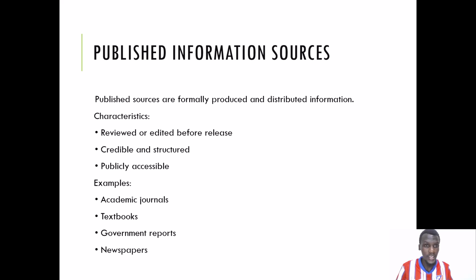Now, the characteristics of published information sources are they are reviewed or edited before release. They can have a large team that reviews and removes all mistakes as possible, so that what is produced is something that is credible and very authentic.